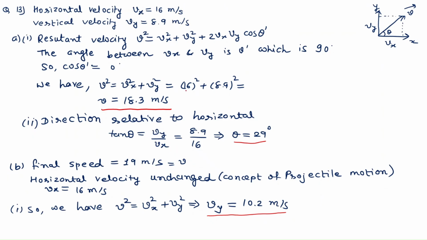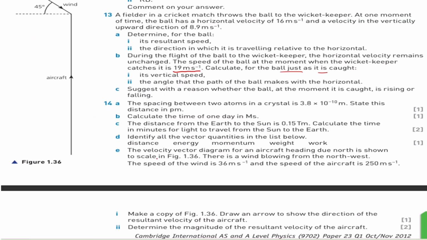Now, we know the equation is like this, with the same coordinate system, so cos theta prime is again 90 degrees. The same equation is used here: v square is equal to Vx square plus Vy square. This time we have v, but we don't know Vy. This is the vertical speed. So put the values of v, which is 19 meters per second, and Vx, which is 60 meters per second, and try to solve, and you get 10.2 meters per second. This is your answer. This is the vertical speed.